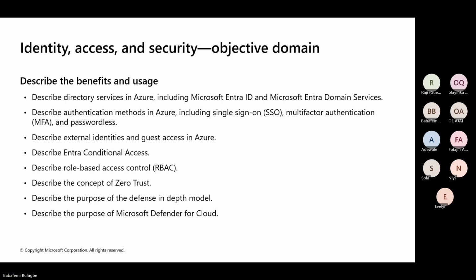Then RBAC is, as you can see here, role-based access control, which, when we talk about authorization, which I said is related to permissions, we use what we call RBAC to assign roles in Azure. So these roles are used to give permissions to users or to identity to say this is what you can access, this is what you cannot access.